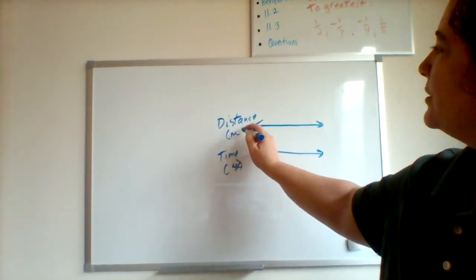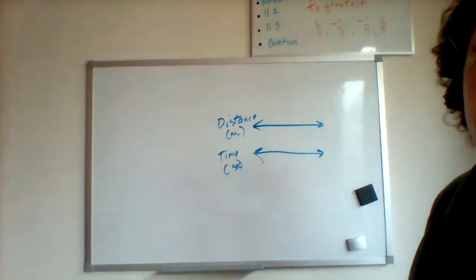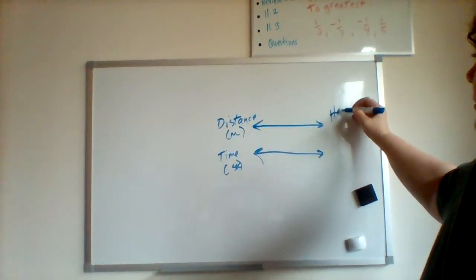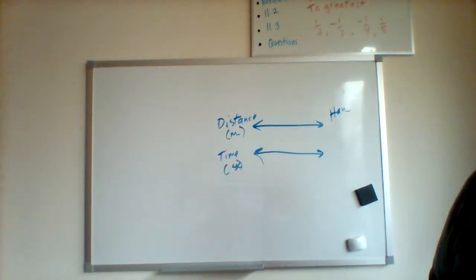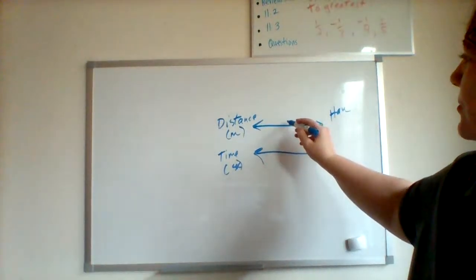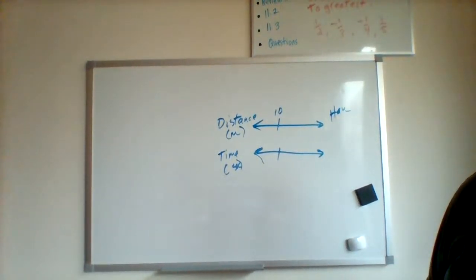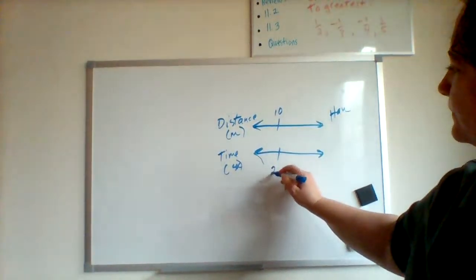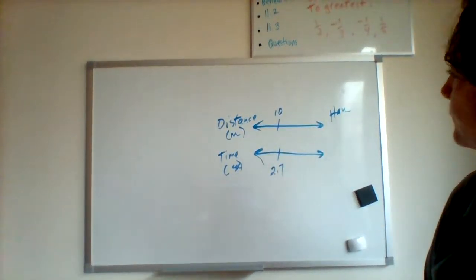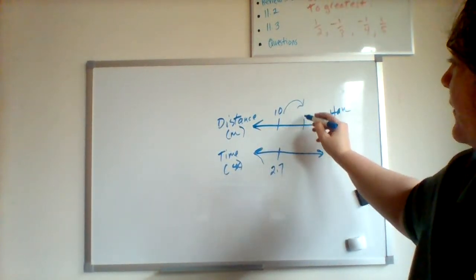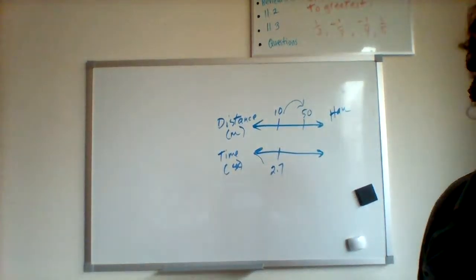Seconds and meters. And they're telling us, let's go with Han first. He did the 10 meters in 2.7 seconds. And we want to actually get to 50. So what do you have to do there?